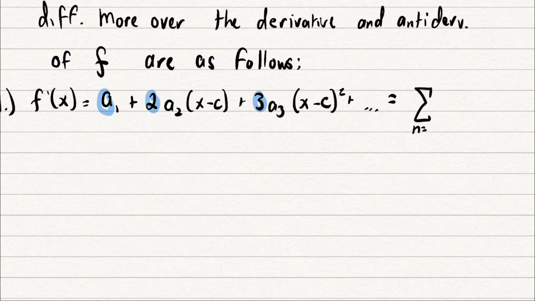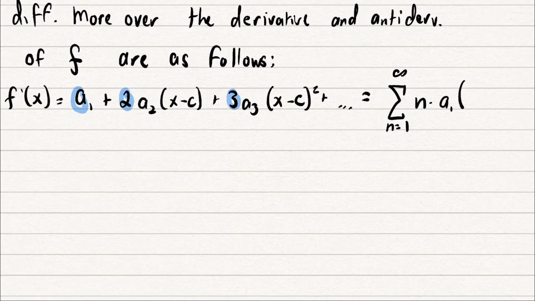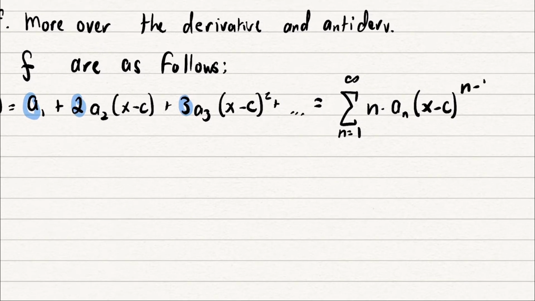n is equal to, now we're not going to start at 0 this time, but we're going to start at 1 because the first term is a sub 1, not a sub 0, and goes to infinity of n times a sub n (x minus c) to the n minus 1.